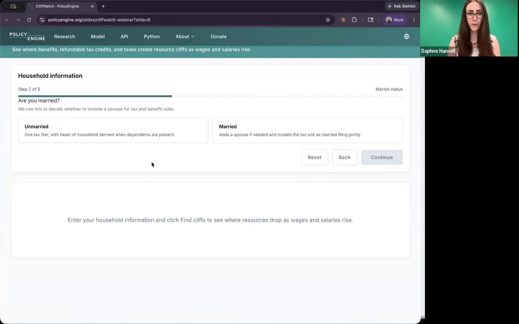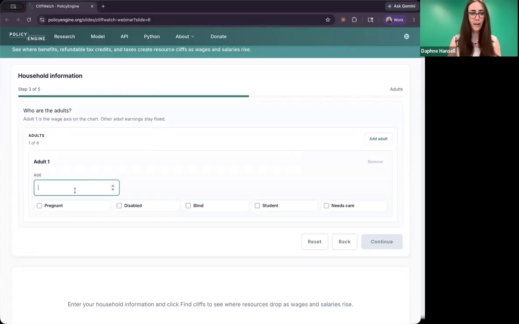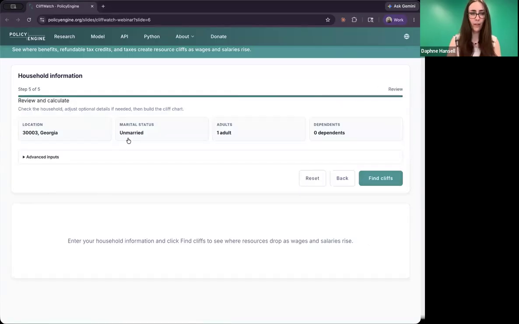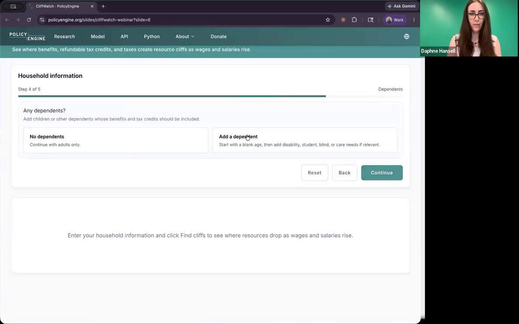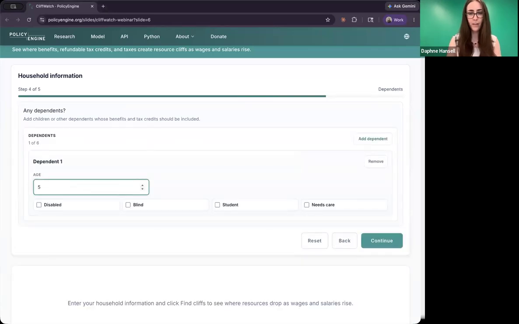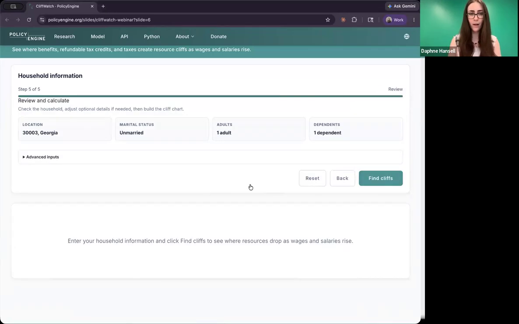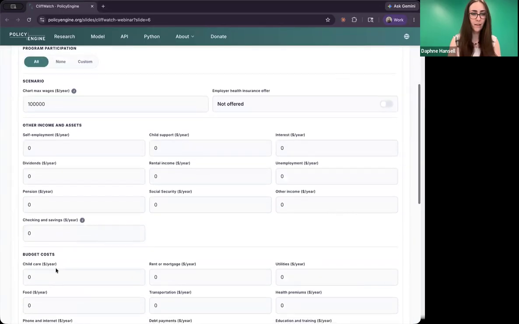Let's go to the state of Georgia. Imagine we have an unmarried adult with a child age 5. And then we're going to add childcare expenses.